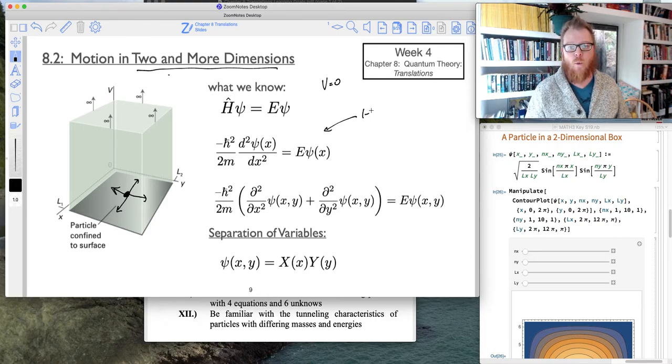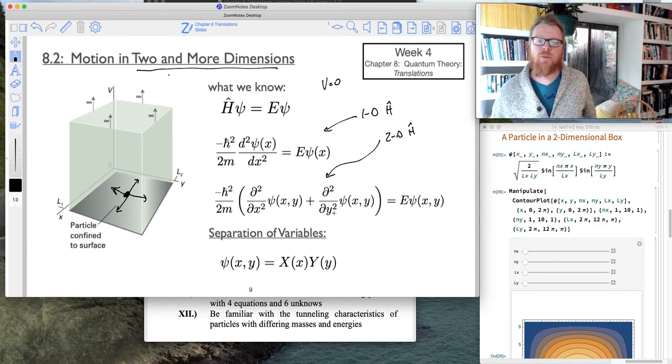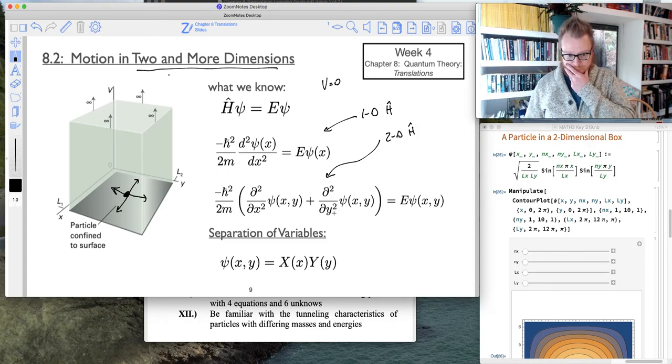So this was the 1D Hamiltonian. This now becomes our 2D Hamiltonian, where now, instead of having d²/dx², we have ∂²/∂x² and ∂²/∂y² to reflect those 2 different dimensions, okay?